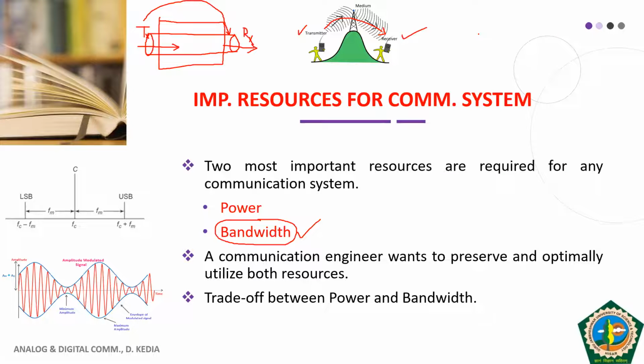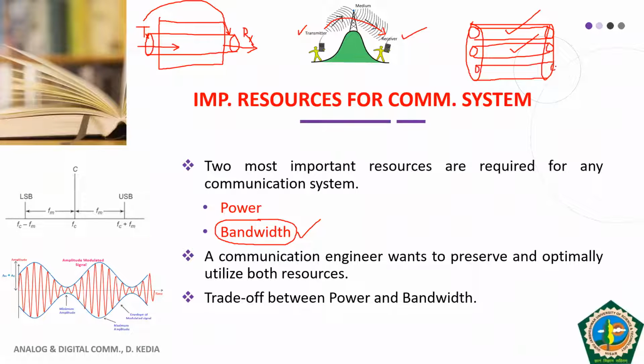Okay, so if we have this much size pipe available between transmitter and receiver, or between two places, then what our government or regulatory bodies do, they divide this big pipe into small sized pipes.